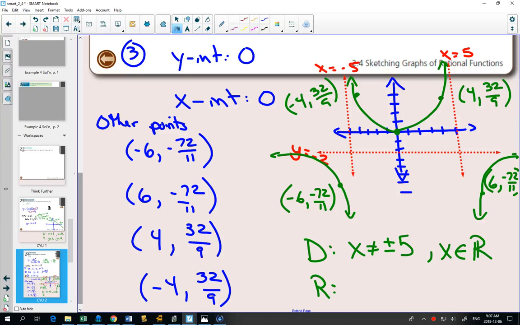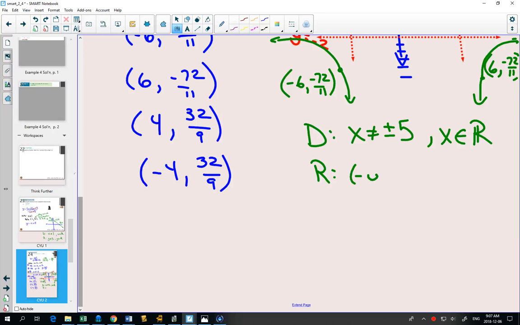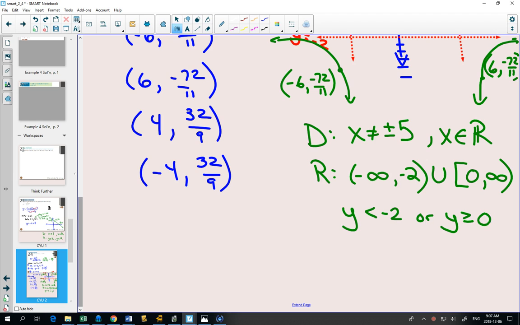So if I was using interval notation, I could say it goes from -infinity to -2, not including that. And then it starts again at 0, includes 0, and goes to infinity. Because at -2, there's an asymptote. So that horizontal asymptote means that it's getting close to that value, but not including it. If you wrote this in the other notation, you would say y is less than -2, or y is bigger than or equal to 0.